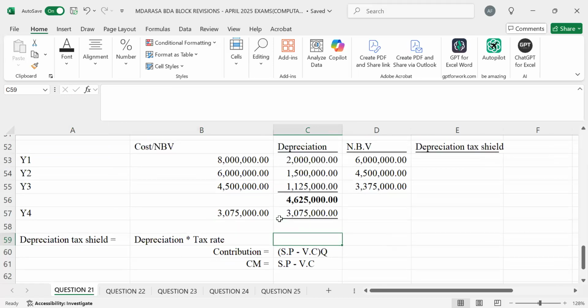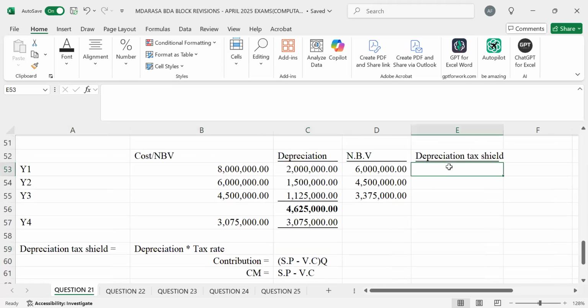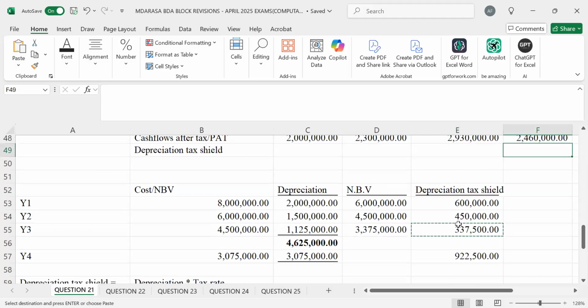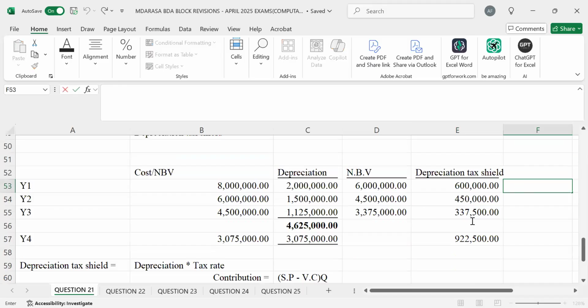Our depreciation tax shield in this case would be depreciation times the tax rate that you're given, and the final year of that. So this is our depreciation tax shield, what we should be having.